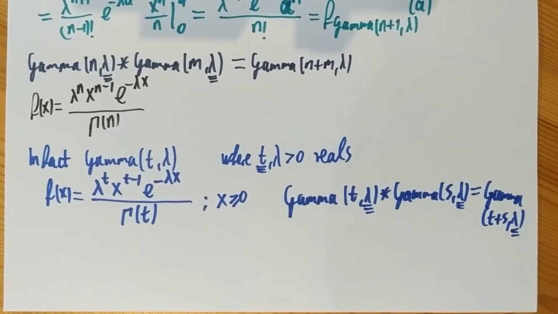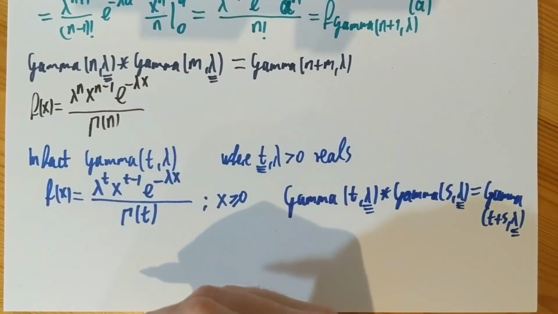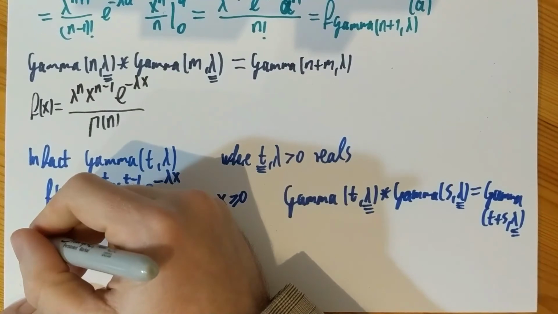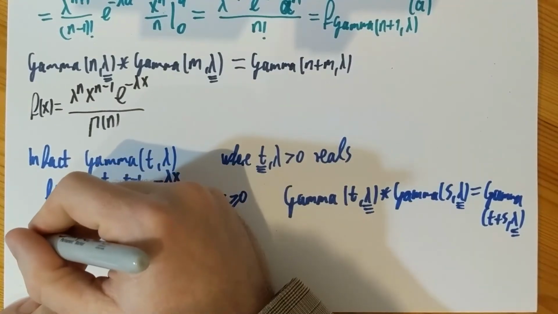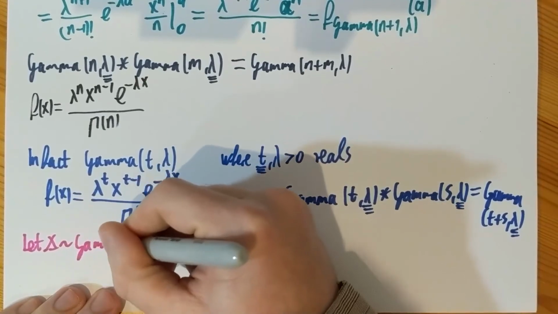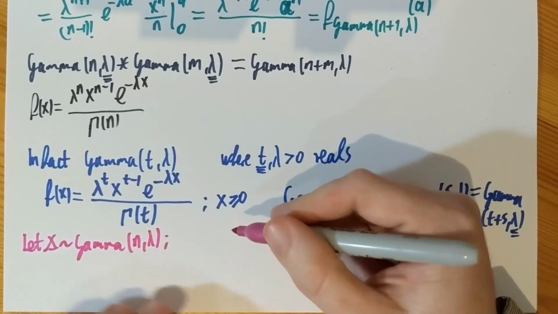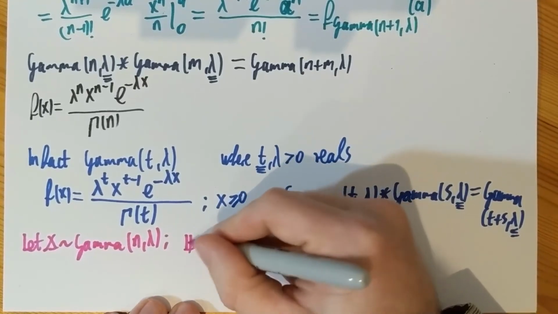Okay, let me then proceed to some more properties of gamma. Essentially, I just want to look at the expectation. So what is the expectation? Let x be gamma with parameters n and lambda, and let's do the expectation of x.